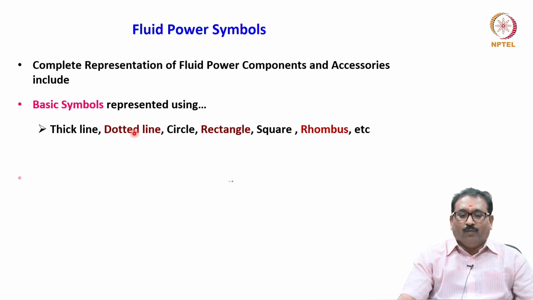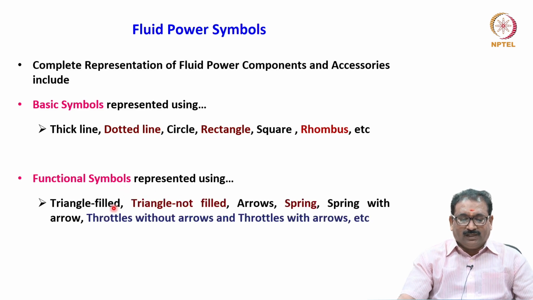Along with this, we use functional symbols represented using filled triangle, unfilled triangle, arrows, spring, spring with arrows, throttles without arrows and throttles with arrows. Meaning, any fluid power symbol consists of basic symbols and functional symbols. Then only it is a complete symbol for the component and accessories.